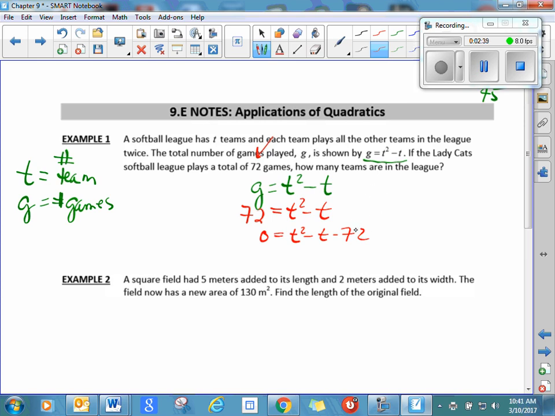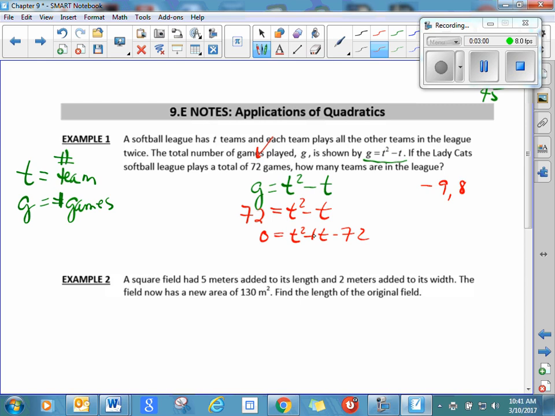So I'm going to use the AC method. I'm looking for two things that multiply to 72 and add or subtract to -1. And what comes to mind, to me, is 9 and 8. And let's see, this is -1, so we would need a -9 and a +8.